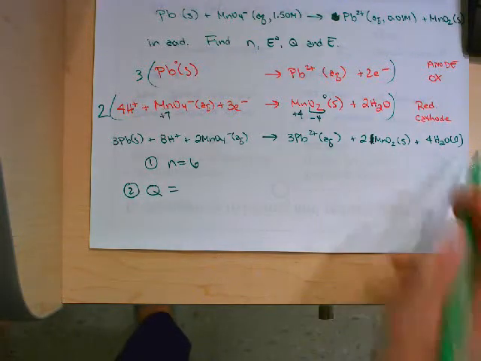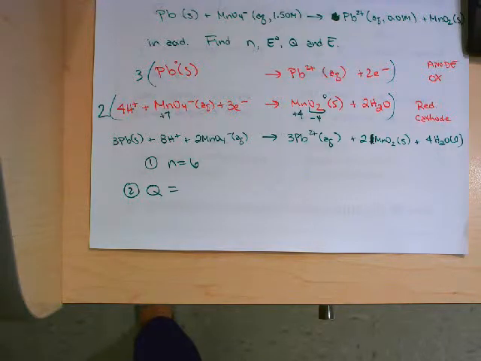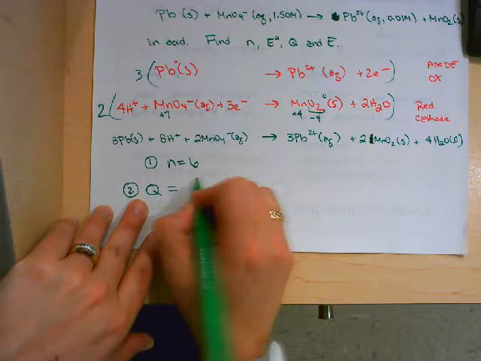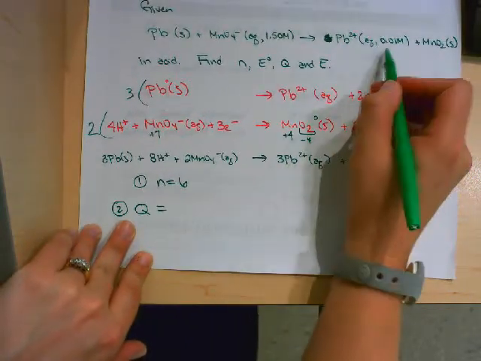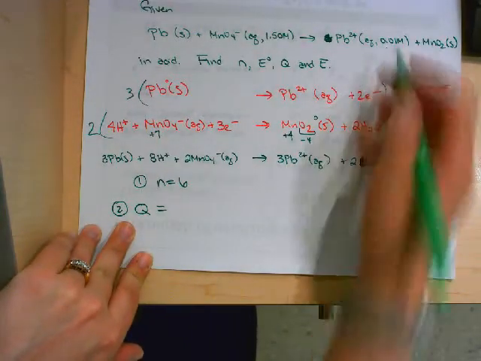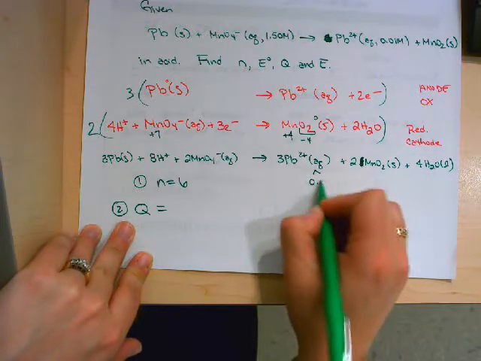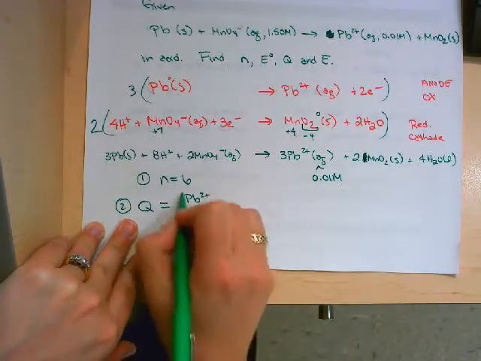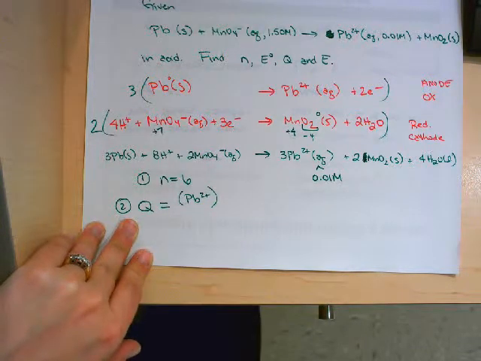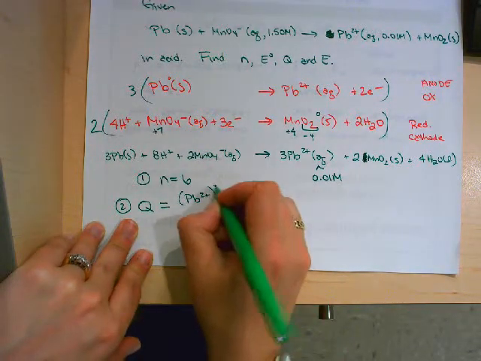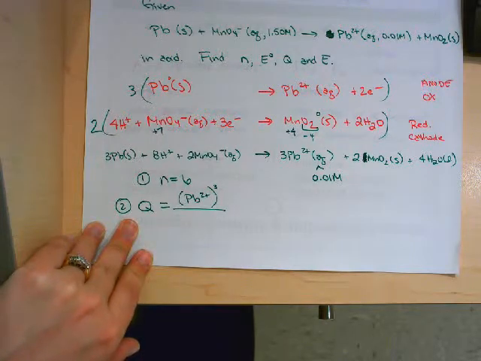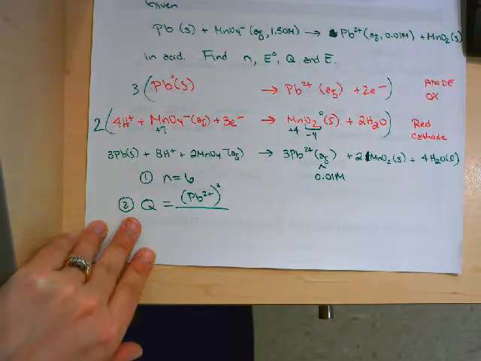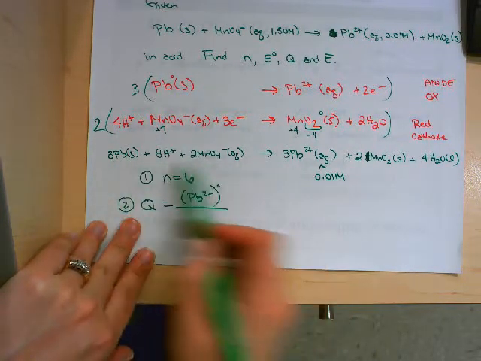There's 3 options. Do all 3 go in? No. Just the lead, right? I didn't rewrite it, but the lead concentration is up here. That's this guy. What do I need to do to the lead? I need to cube it.